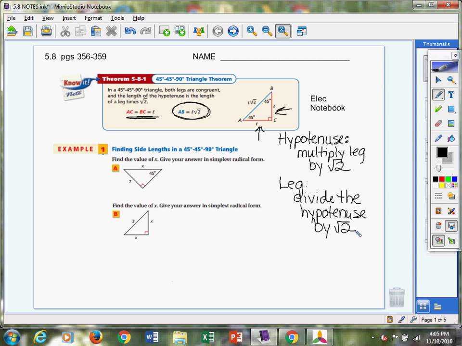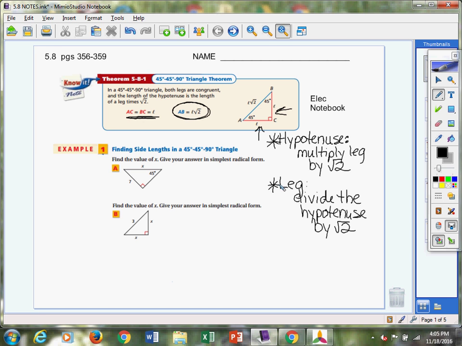Okay, so I'm going to make sure I emphasize that. If you want to put this information here and here in your electronic notebook, feel free. I don't care. If you think, oh, I can remember that, then don't worry about it. Okay, so let's practice the math for this, and let me show you how to do this.